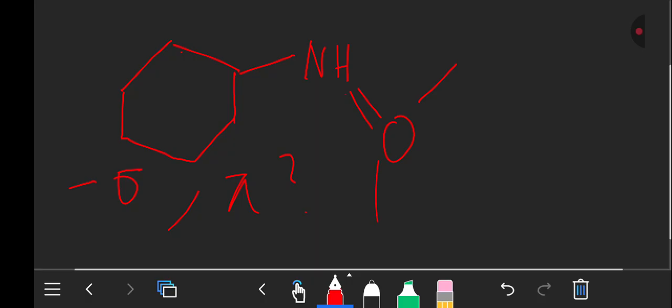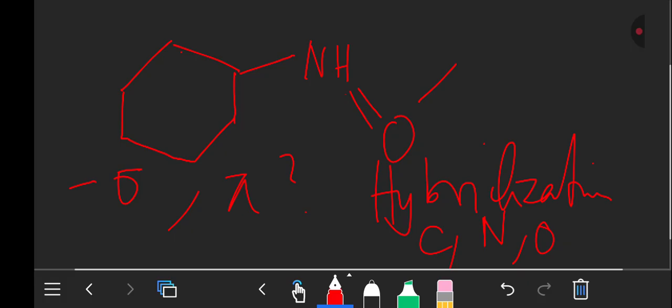So the other thing is to find hybridization now: hybridization of carbon, nitrogen, and oxygen in this compound. So let's get into it. Let me go to the next slide.